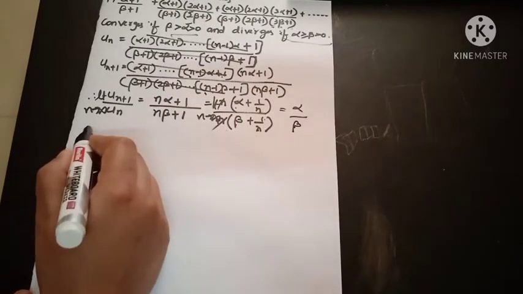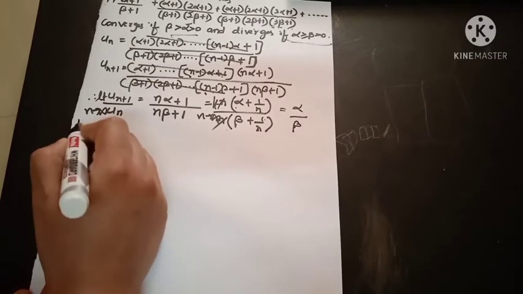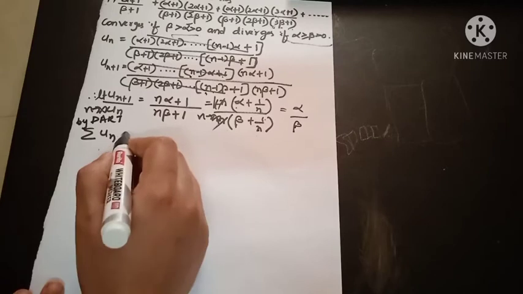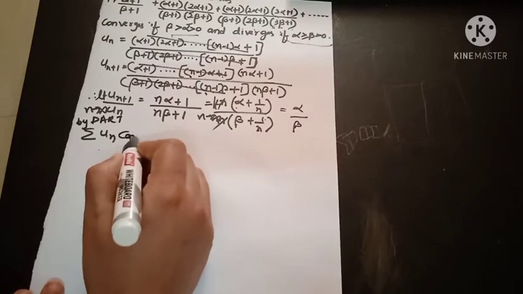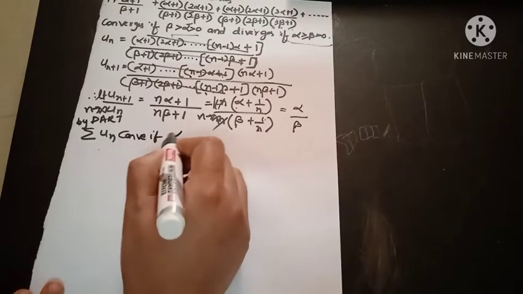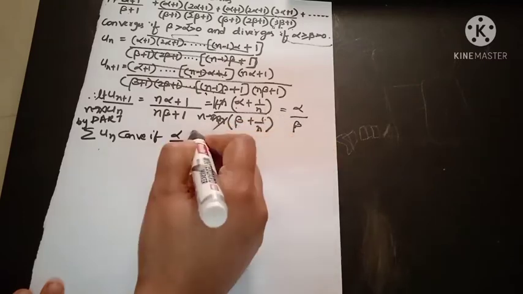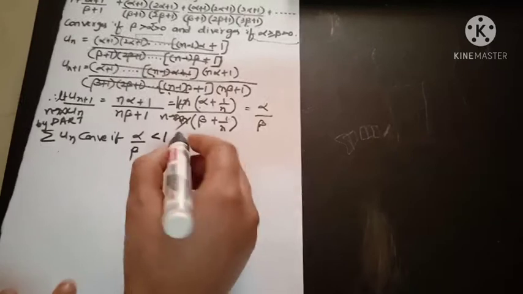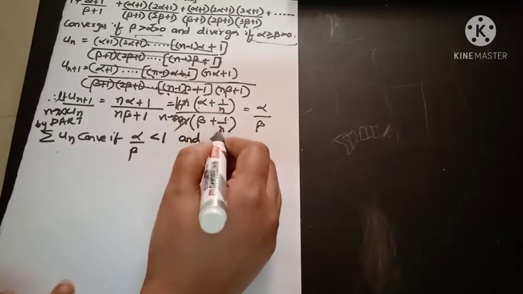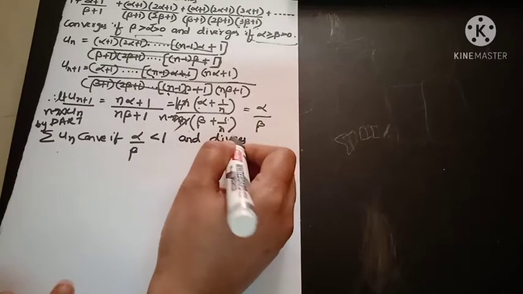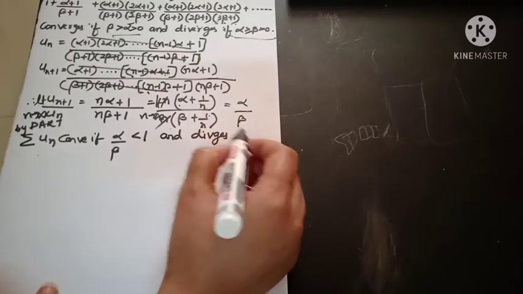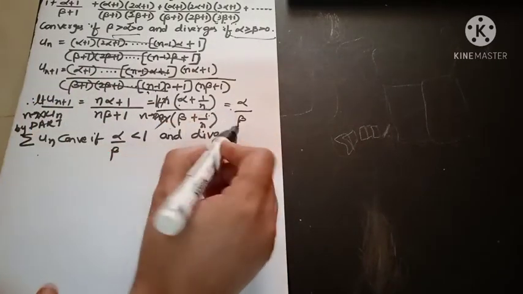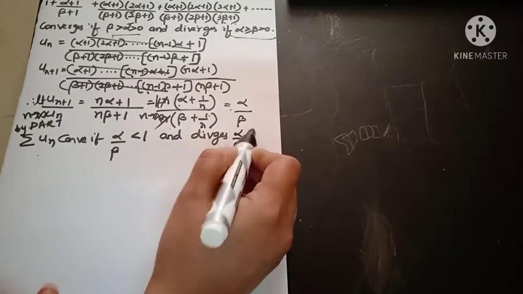Therefore, by D'Alembert's ratio test, this series converges if alpha by beta, the limit answer, is less than 1, and diverges if the limit value of this ratio is greater than 1.